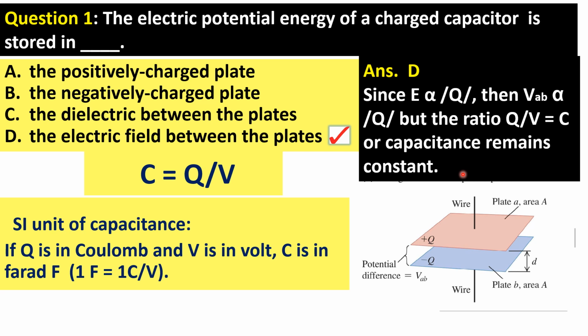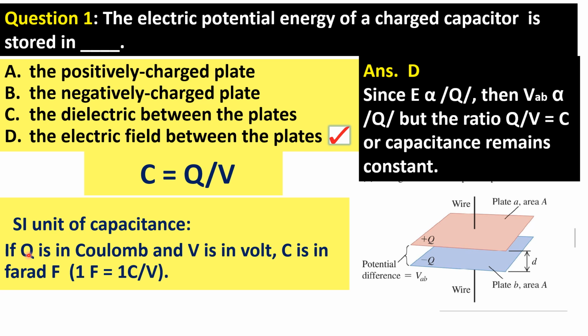All right, so we also emphasize that capital C or capacitance is equal to the amount of charge Q divided by the amount of voltage. What is the SI unit of capacitance?